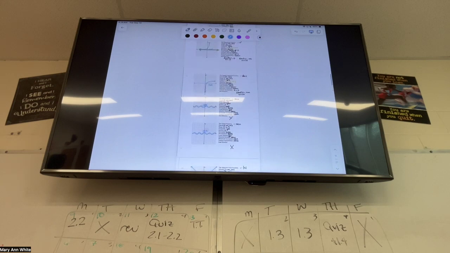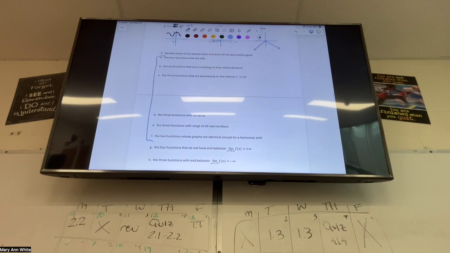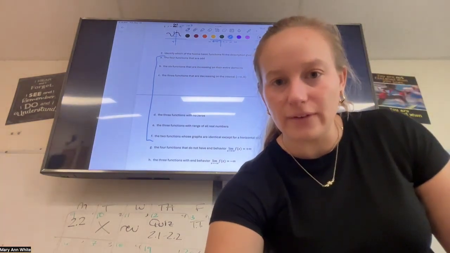I want you to see if you can decide which 4 functions are odd, which 6 functions are increasing on the entire domain. So feel free to turn and talk to a neighbor. Feel free to do it by yourself. I don't care. But I want you to see how much of 2A through F you can do, and then we'll talk all together. Ready? Look at your BFFs. Go. It's all BFFs.